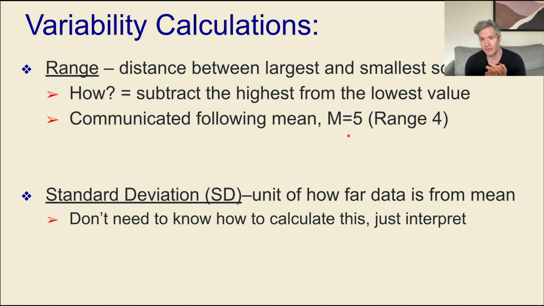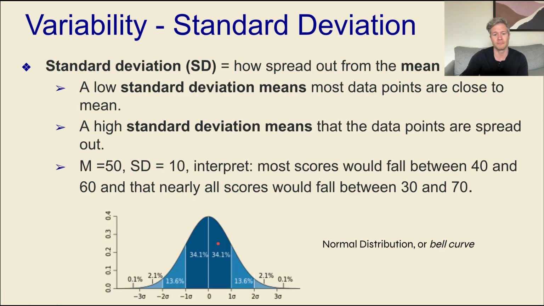Our standard deviation, though, is a little bit, I would say, more commonly used and a bit better in explaining our general variability from the central mean. You don't need to know how to calculate it, but just to understand it and conceptually be able to understand what it's indicating.